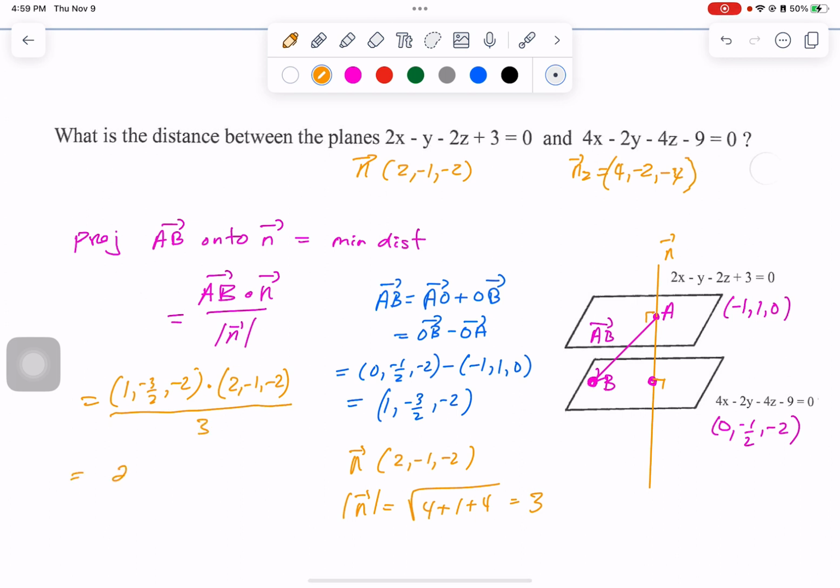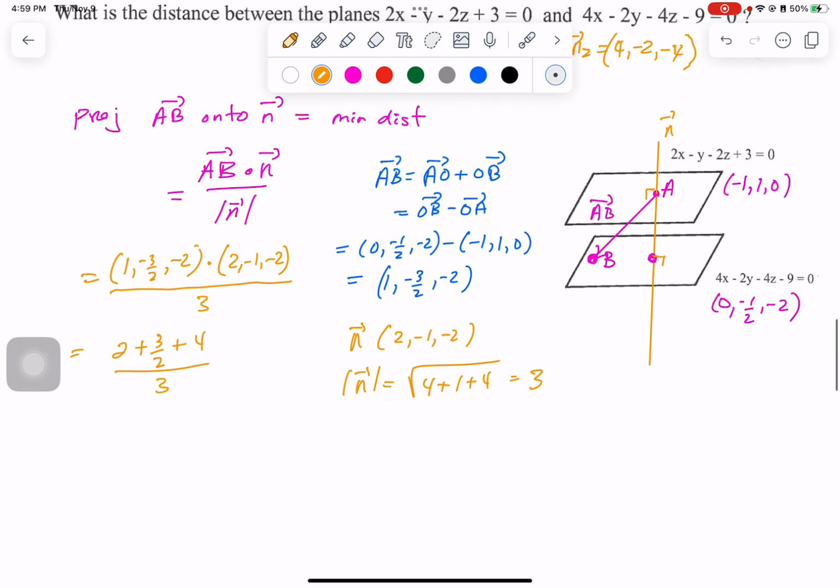So it's going to be 2. -1 times -3 over 2 is going to be +3 over 2. -2 times -2 is going to be +4 over 3. So that's going to be 6 plus 3 over 2 over 3. Getting a common denominator in the top, it's going to be 12 plus 3 over 2 all over 3.